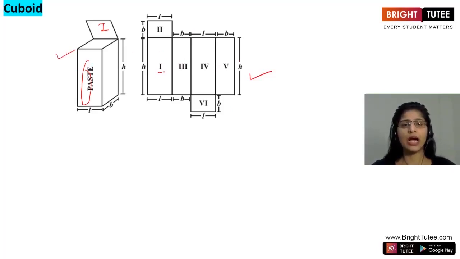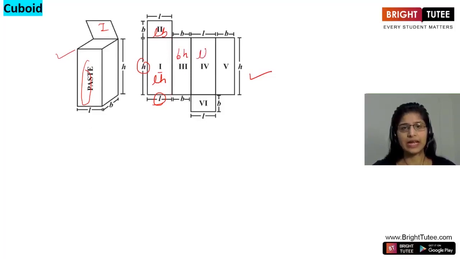So how many faces? 6 faces. So we will find the area of each face and add them. We see each of them is a rectangle. For the first face, what will be the area? Just see, L into H. So LH is the area. The second part is L into B, so it is LB. The third one is B, and the standing one is height H, so it is BH.